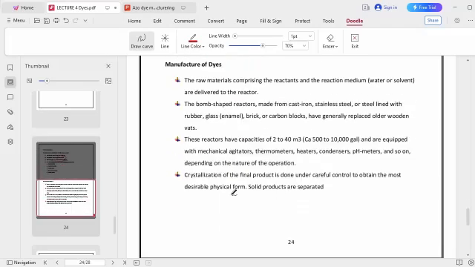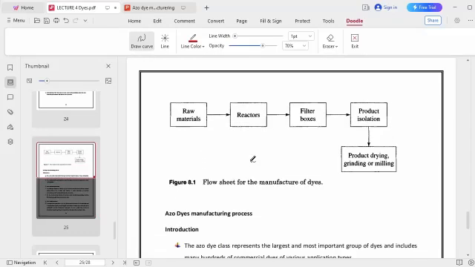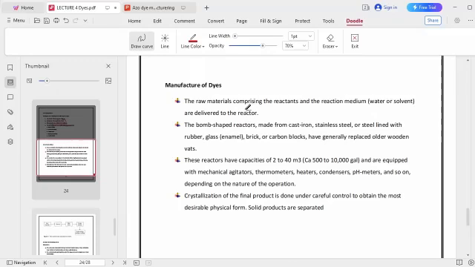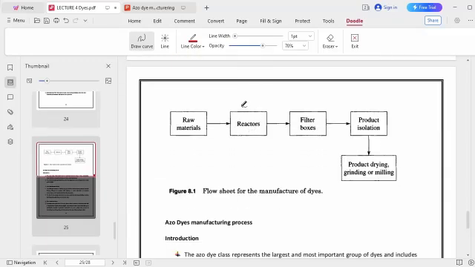And then in terms of manufacture of dyes, you can see a typical flow diagram which shows the manufacturing process of a dye. We have raw materials which are then fed into reactors. Here the dye and substrate react through various ways, and there is attachment of the dye to the fiber.